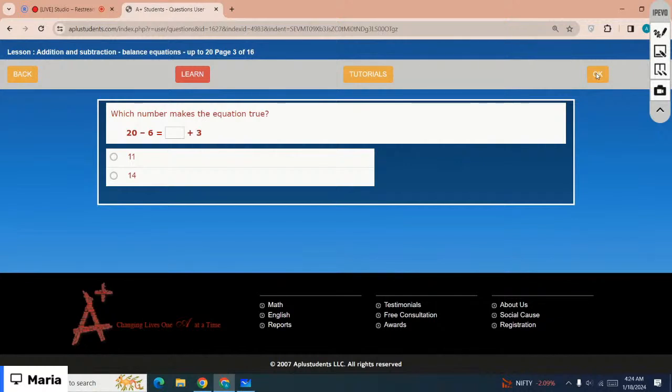20 minus 6 is 14. So on the other side you also need 14. So 3 plus what number is 14?